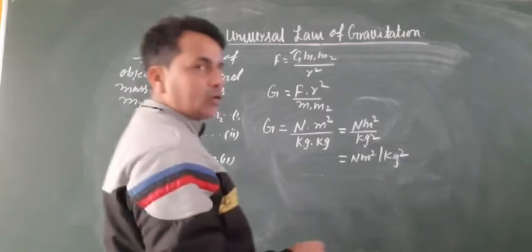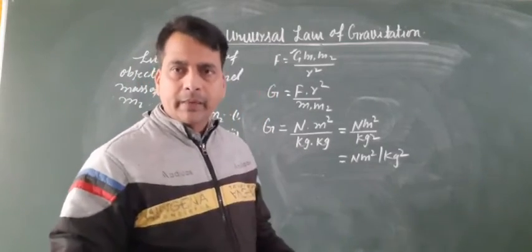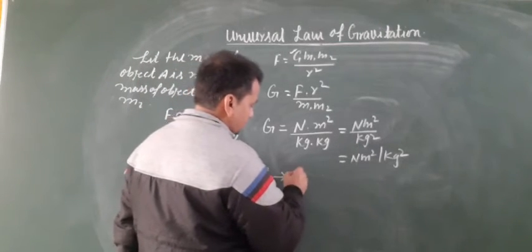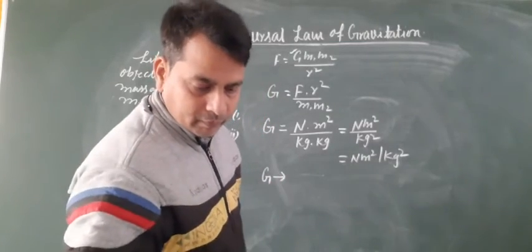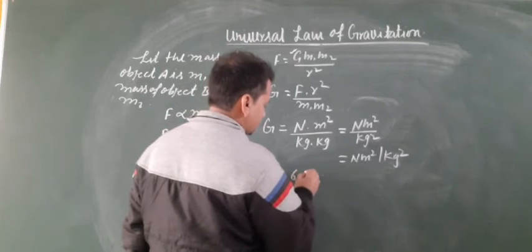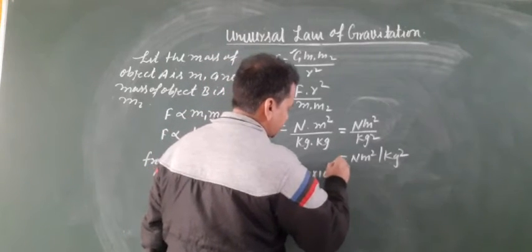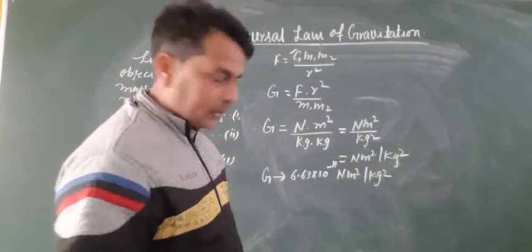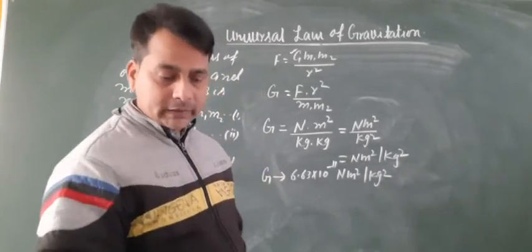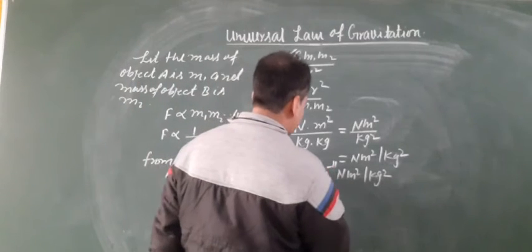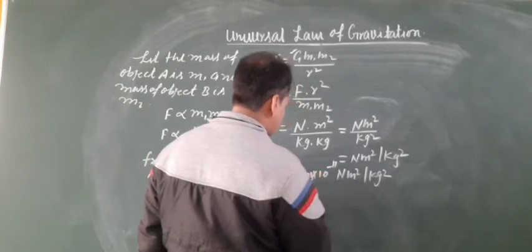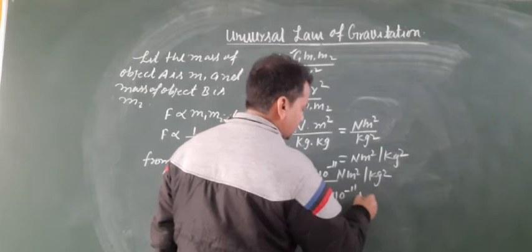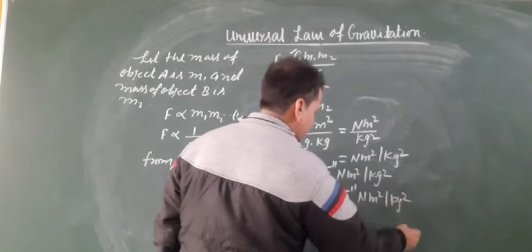And the value of the gravitational constant here, that is G equal to 6.673 into 10 to power minus 11 Newton meter square per kg square.